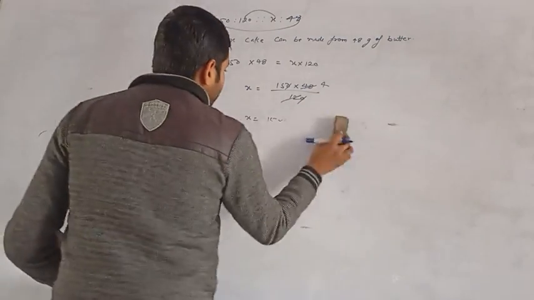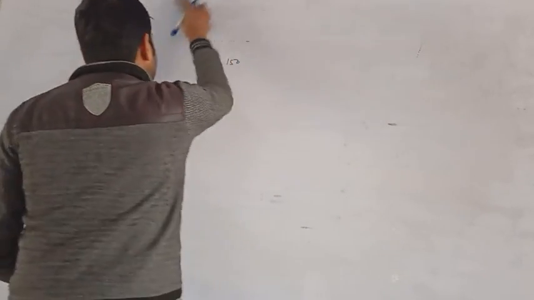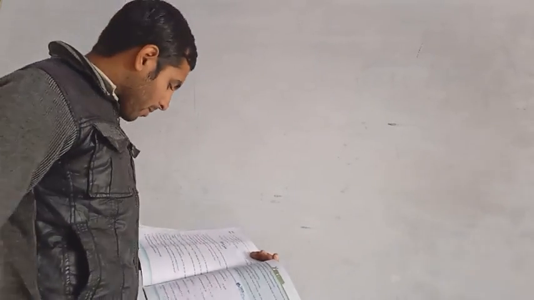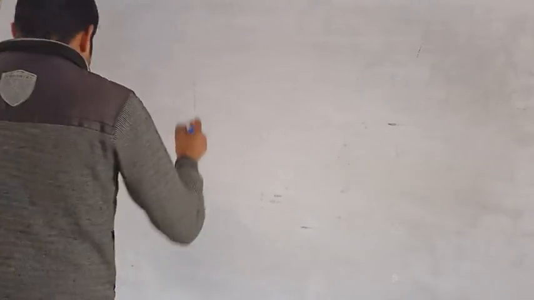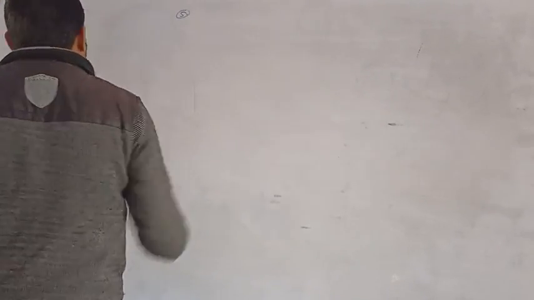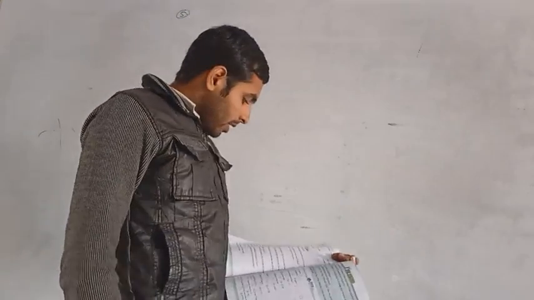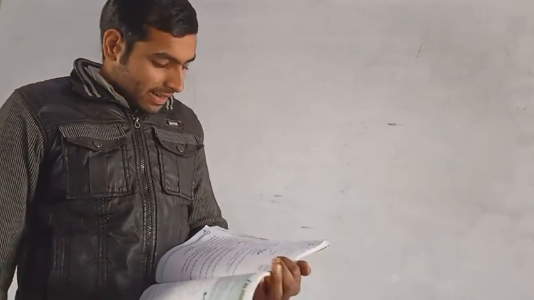Now again we have to solve our problem number 5. Here in problem number 5 it is given that 6 people can do a piece of work in 8 days.